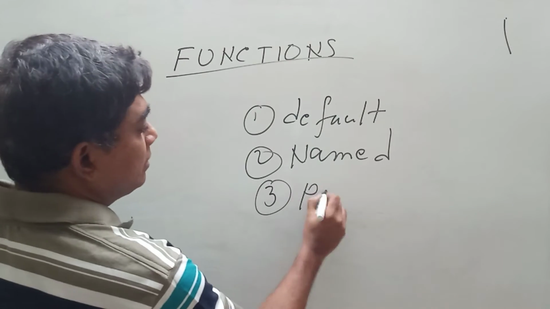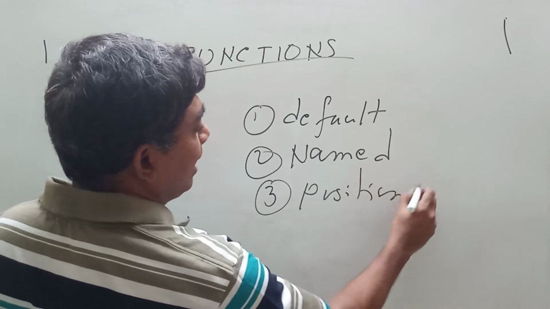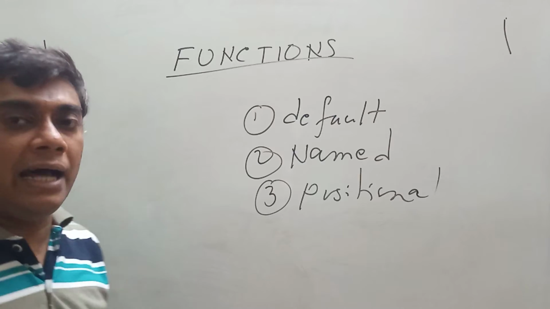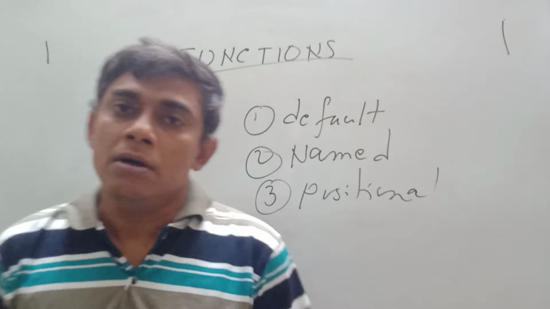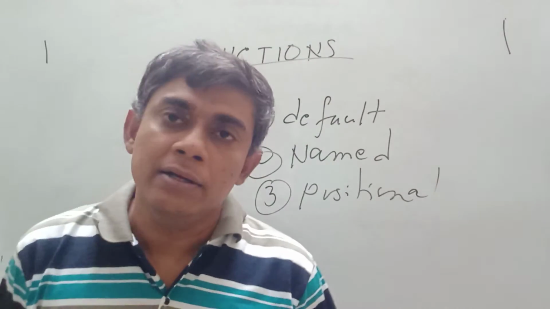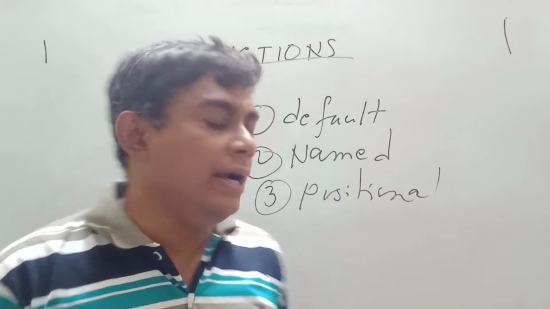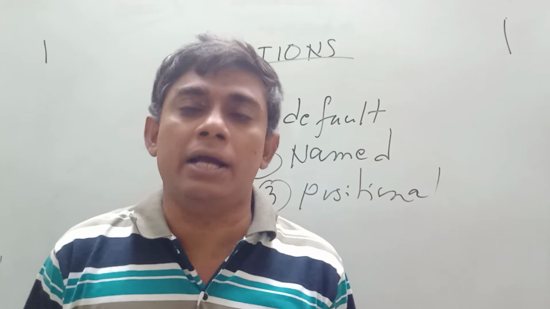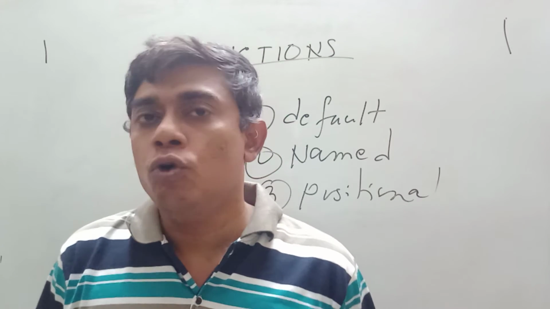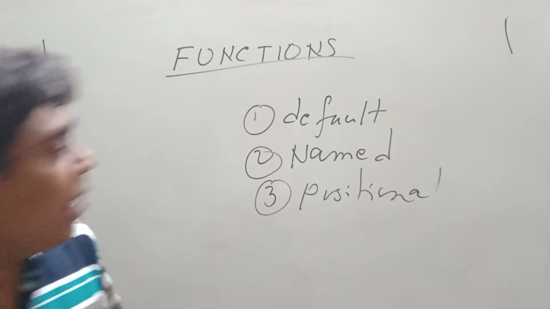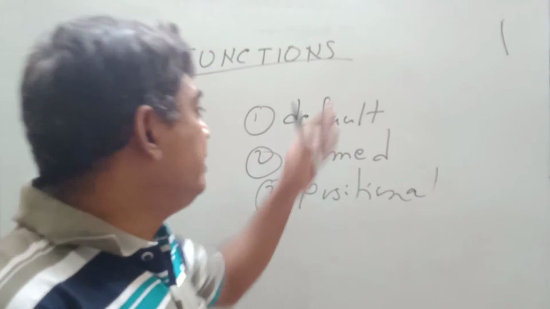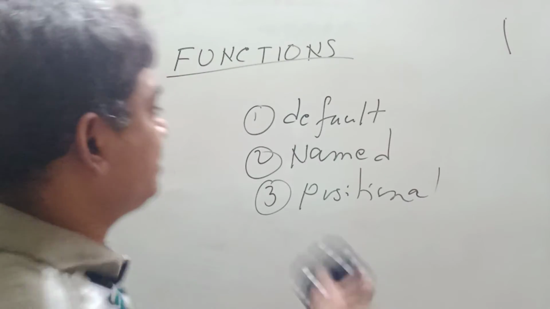Third one is positional argument. So there are 3 types of arguments. First one is default argument, second one is named argument, third one is positional argument. Now we will discuss these 3 types of arguments.